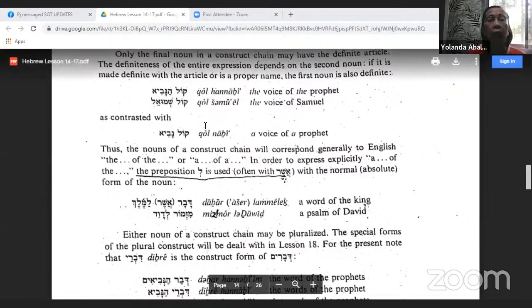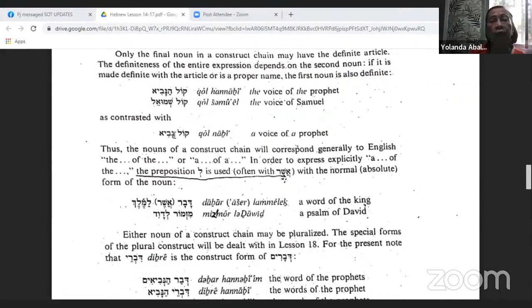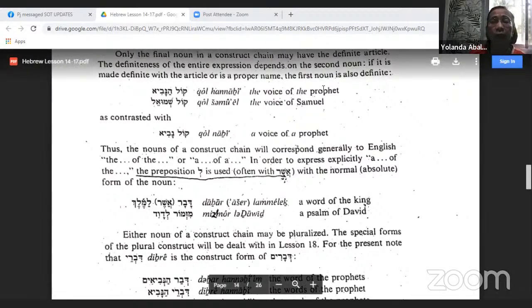Anong kaiba ng the prophet kaysa a prophet? Itong a prophet, he could be a commoner. The prophet, he is an important prophet, such as Shmuel. Yeah? Kaya binigyan siya kayo ng example ng Shmuel because he is an important prophet.